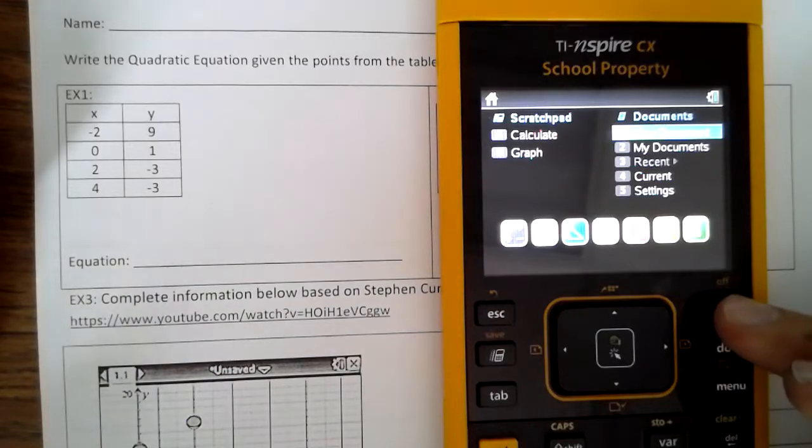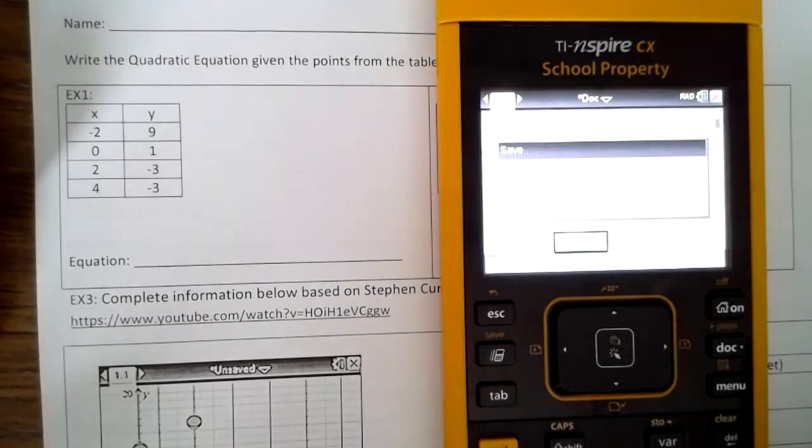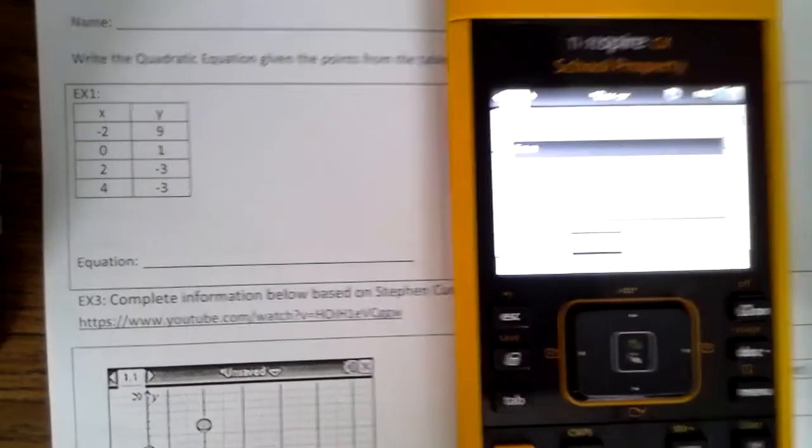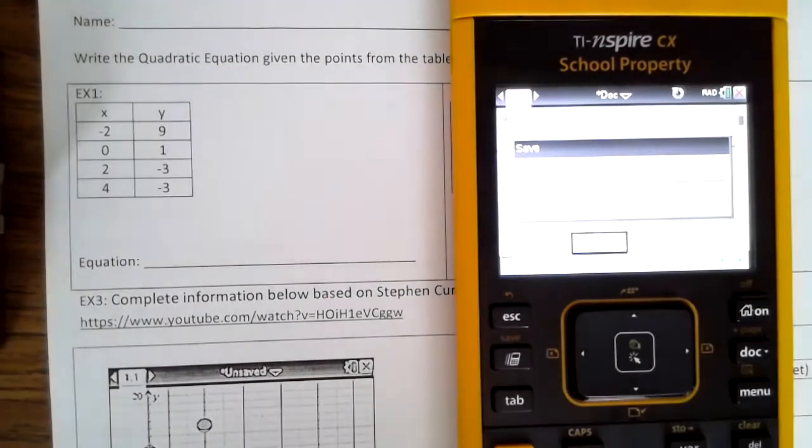So we press on, new document, and we've got a little brightness problem going on. Let's see if I can fix that.